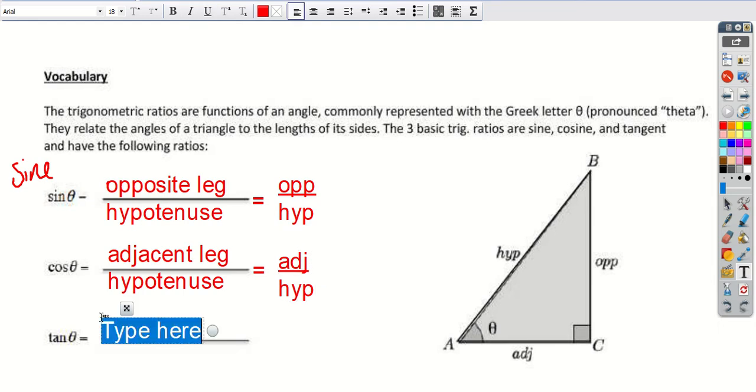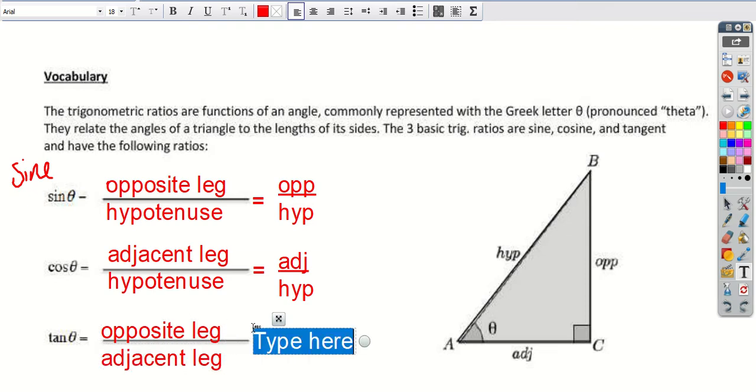And the last one is tangent, which is the opposite leg over the adjacent leg. So once again, using our abbreviations, opposite over adjacent.